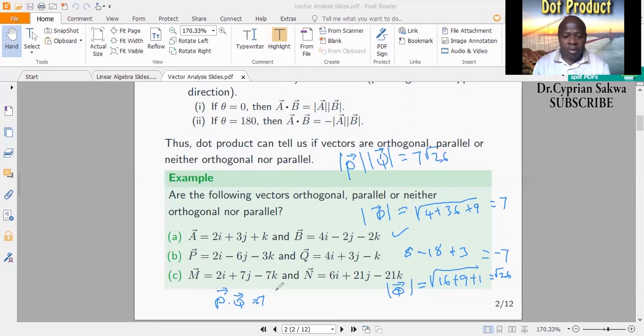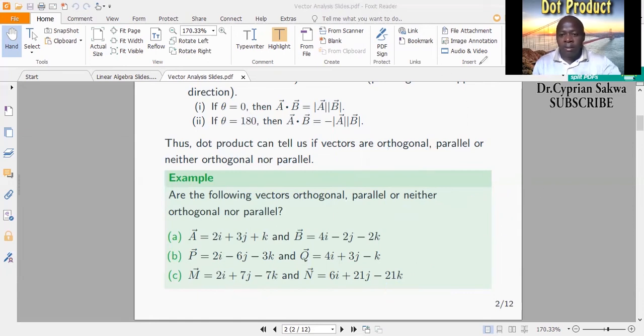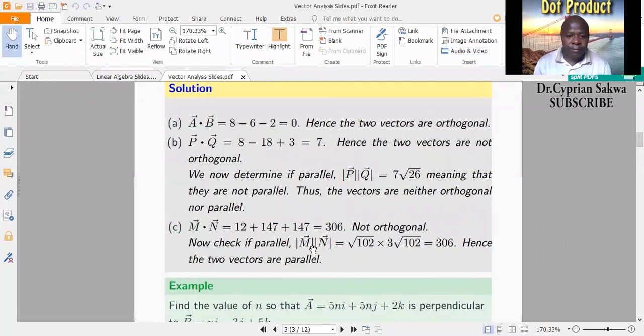So there's no relationship between this dot product and the product of their magnitudes. And therefore it means, again, these vectors are not parallel. That's what I did: I found the dot product, and it was 7. Actually, it's supposed to be negative 7.